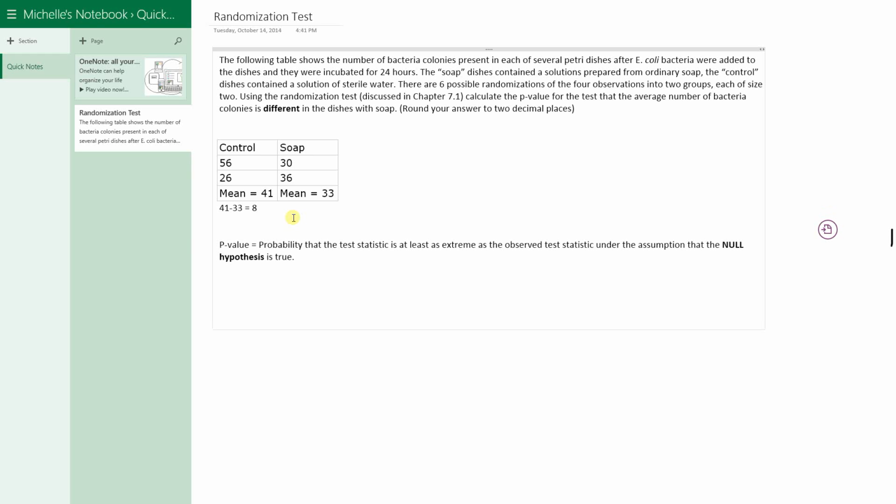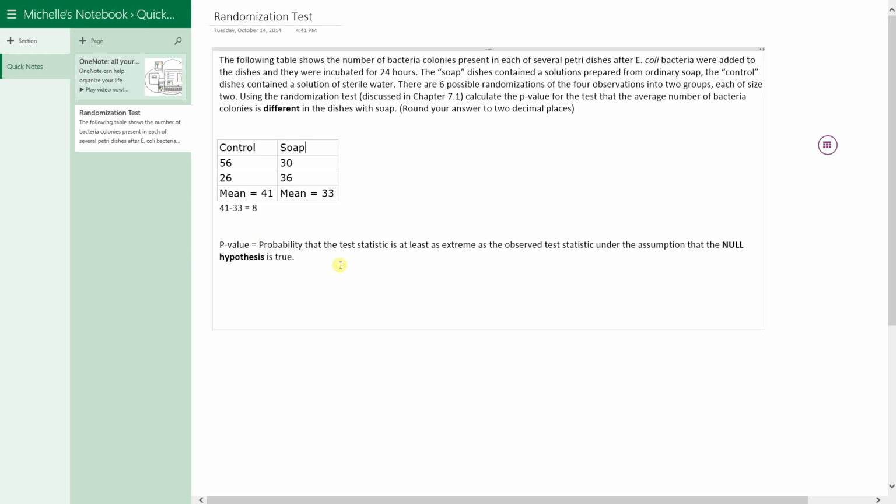Under the null hypothesis, it wouldn't matter if a petri dish had been assigned to control or soap. It wouldn't have mattered. So the group doesn't matter at all. Under the null hypothesis, these 4 data points could have been randomly grouped into either control or soap, right? Those 4 data points could have been anywhere if the null hypothesis was true.